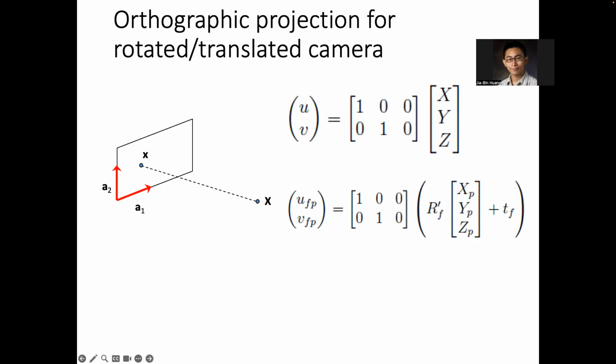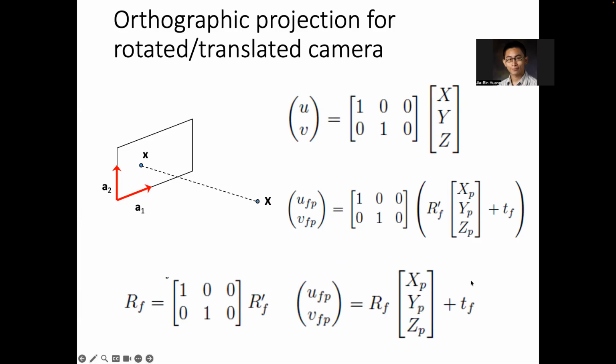All right, so now we can simplify this a little bit. For example, if you multiply these projection matrices with the R, you can call this RF. And so with that, it becomes like this.